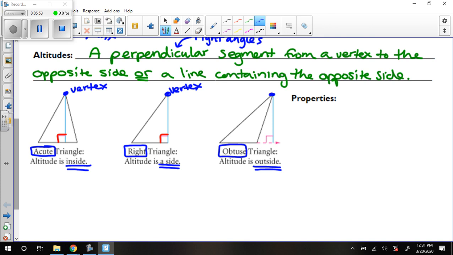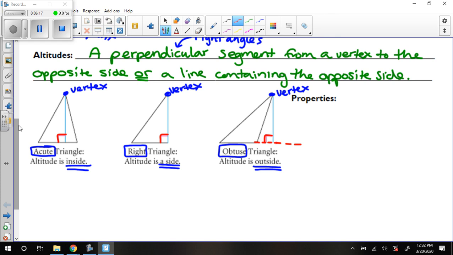In this obtuse triangle, we're going from a vertex, and in order to be perpendicular with the opposite side, notice the opposite side had to be extended so that we could hit it at a right angle.